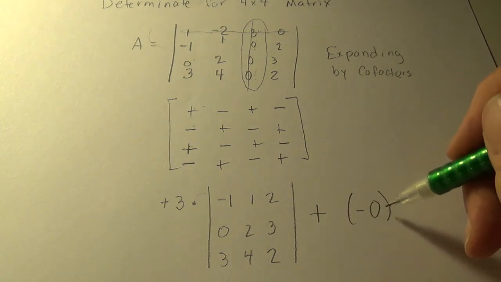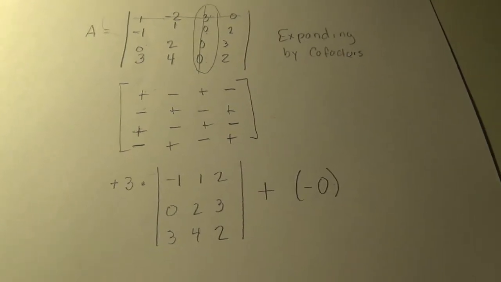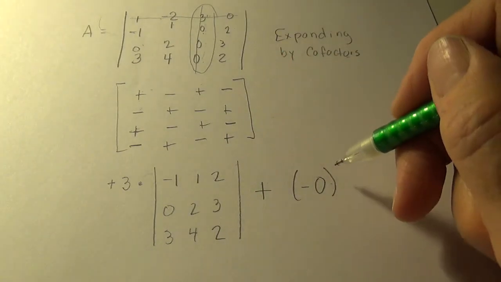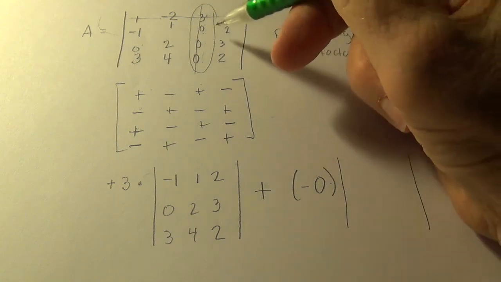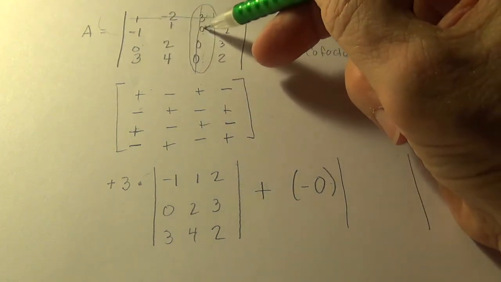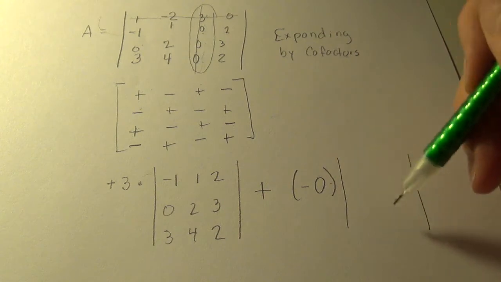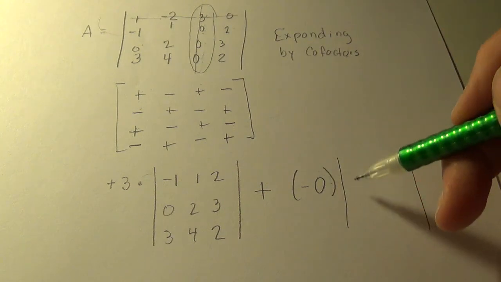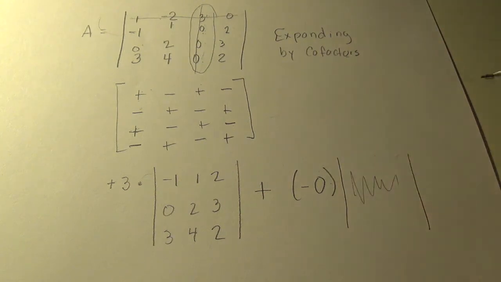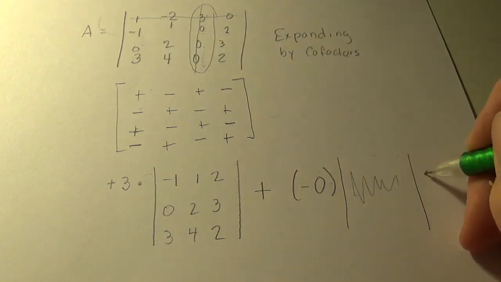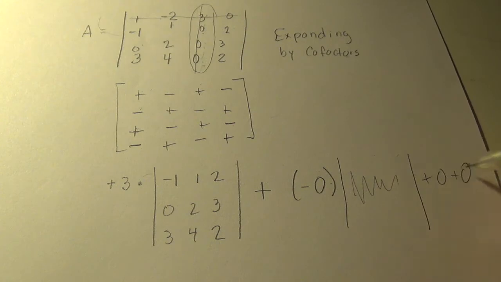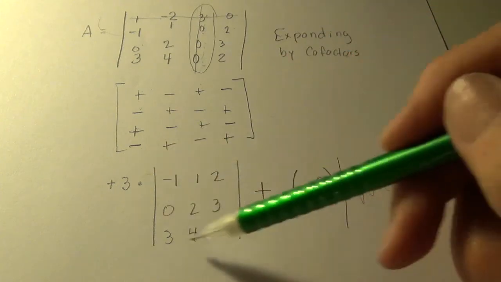Won't much matter because negative 0, it doesn't matter if it's negative or positive, and that will be followed by the determinant of the minor matrix, eliminating the row and column that it is in. But since whatever determinant we get is going to be multiplied by 0, I don't really care. And that's going to happen for this and this. So I'm just going to get plus 0 and plus 0. So the only thing I have to calculate is this.